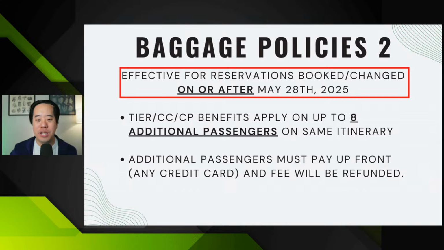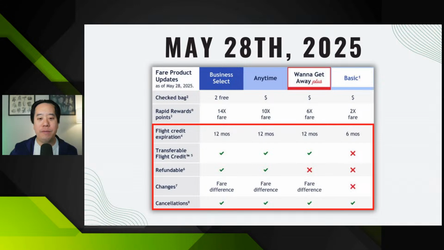So again, additional passengers must pay up front with any credit card, and the fee will be refunded. That brings us to the bottom portion here, because this is another problem with Southwest Airlines, especially for those of you who, like me, book many different flights all at once. The flight credit thing is a huge deal, because no expiration is great, not only when you want to change your fare, but also if you want to cancel, you'll always have that money to use.